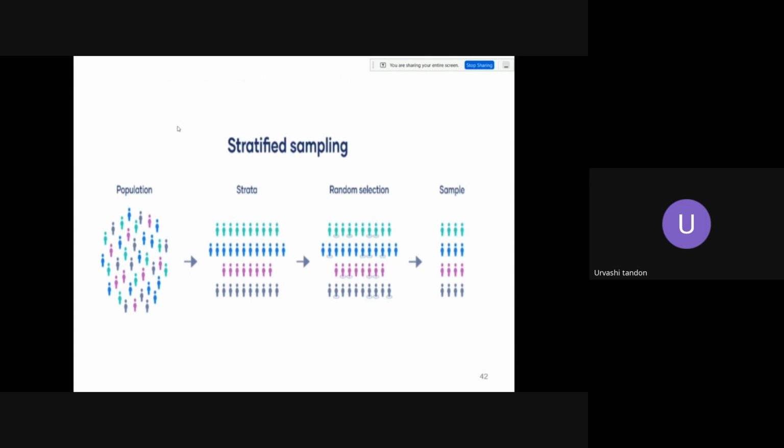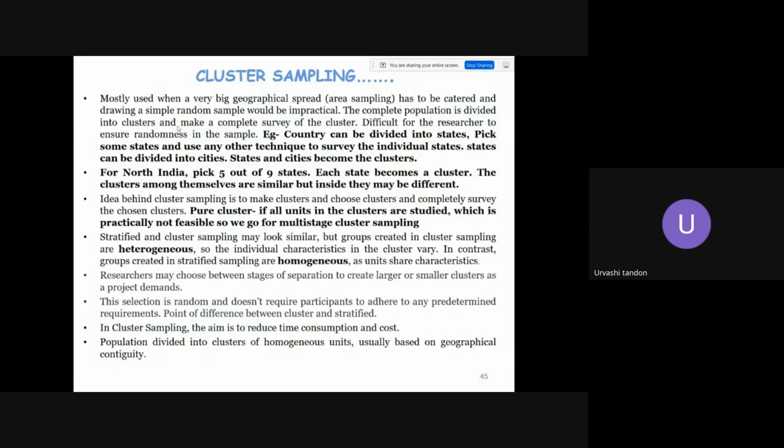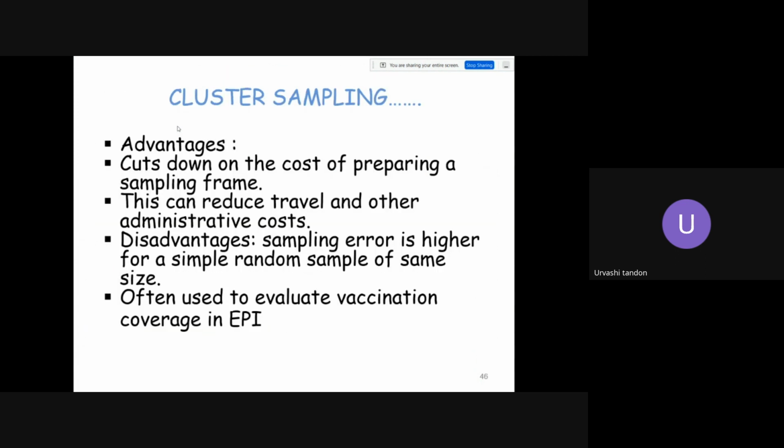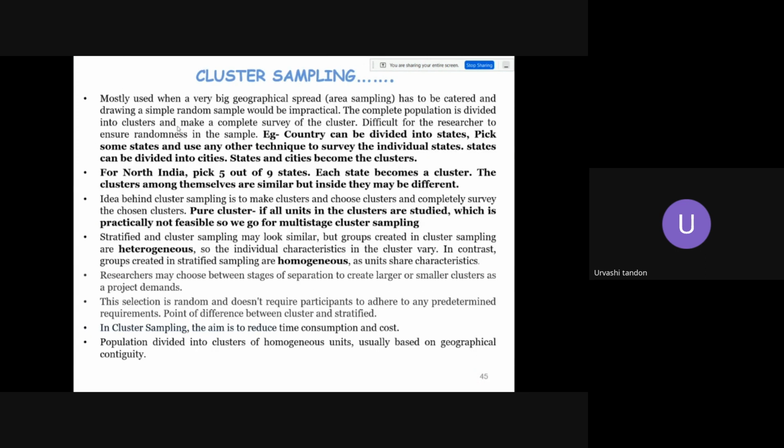Because there are four strata and they are homogeneous here, right? The turquoise green color, blue color, purple color, and dark blue color, right? So this is a strata. But when we talk about the clusters, there is heterogeneity among the clusters, right? There is heterogeneity among the color clusters, because you are picking, let's say, 5 out of 9 states.